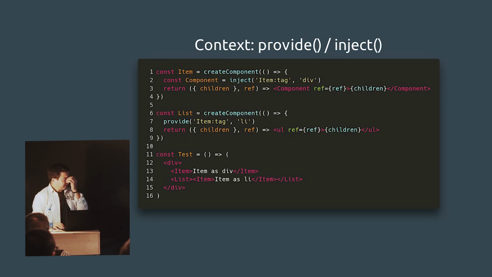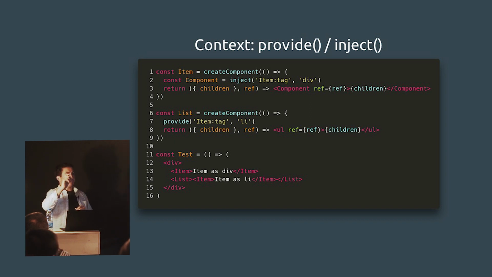So, provide and inject. This API, I borrowed it as it is from what Vue 3 has implemented, and I find this very, very cool to use, because in React or Preact, for useContext, you have to create a context.